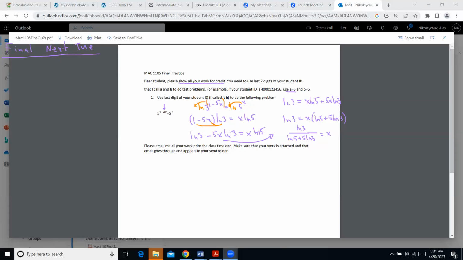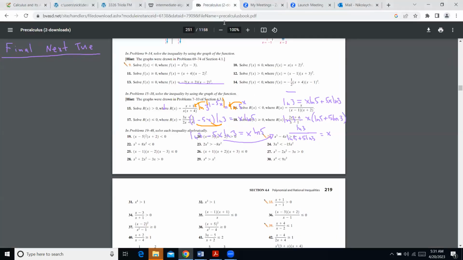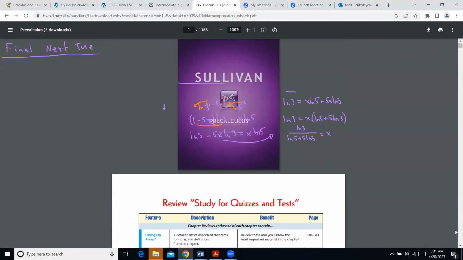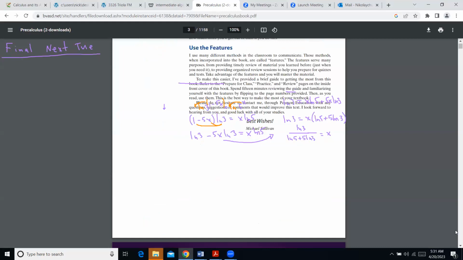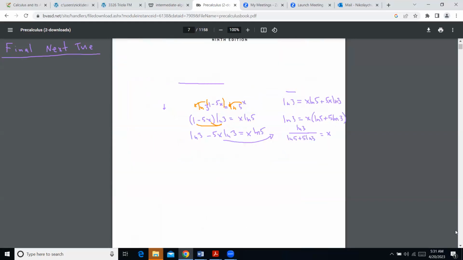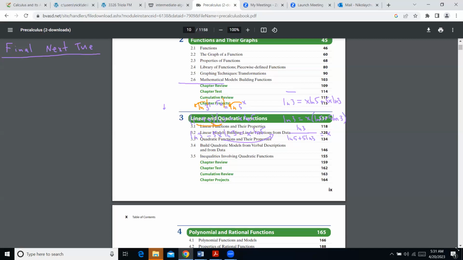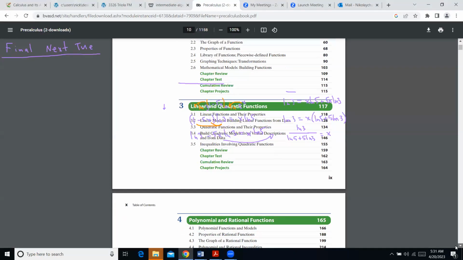Let me show you what sections we need to concentrate on for this final. We looked at chapters 4 and 5 after the midterm.